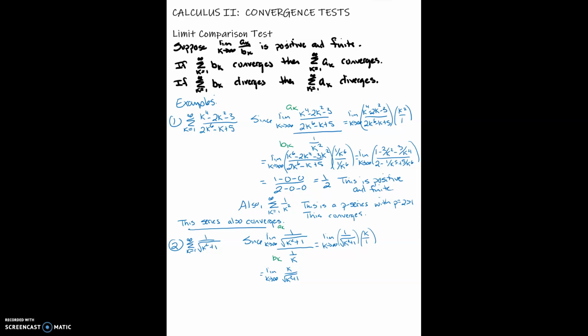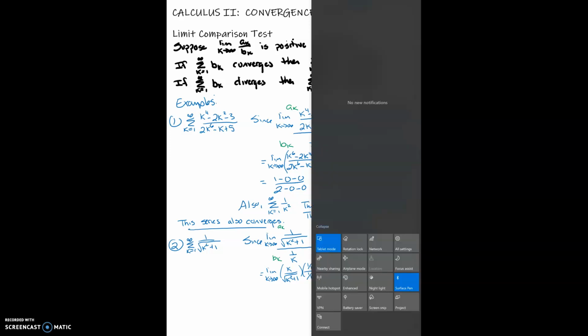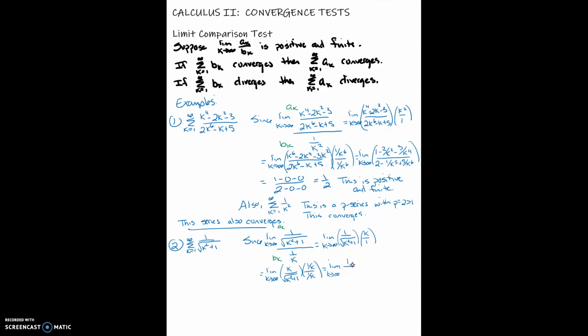In this case, I'm going to go ahead and multiply this by 1 over k over 1 over k. It's similar to the polynomial trick, or the rational expression trick that we looked at in the first example. If I distribute those 1 over k's, I get 1 over k times the square root of k squared plus 1.